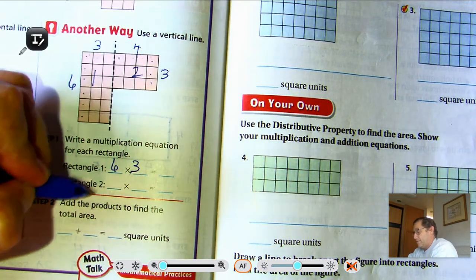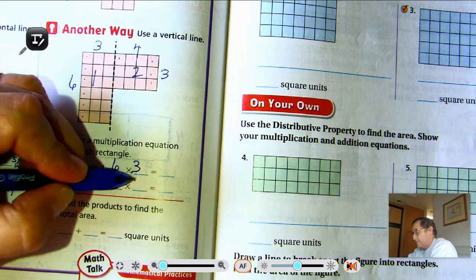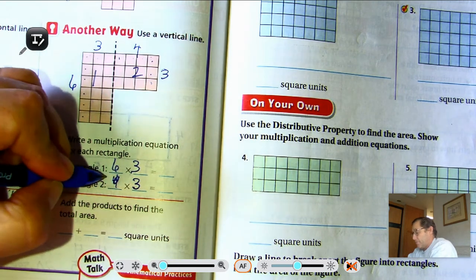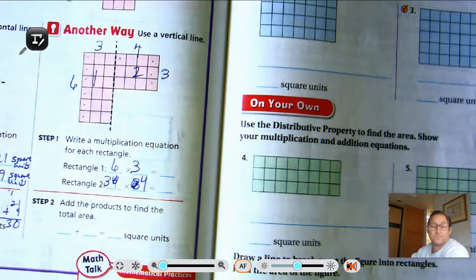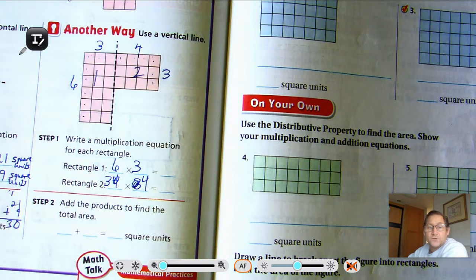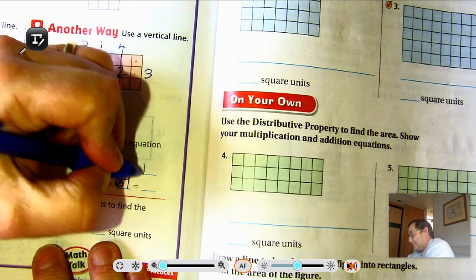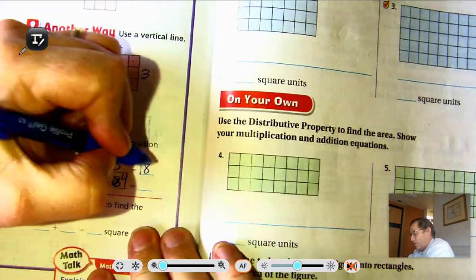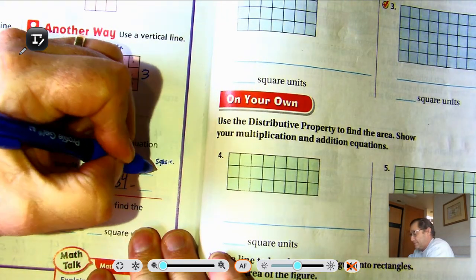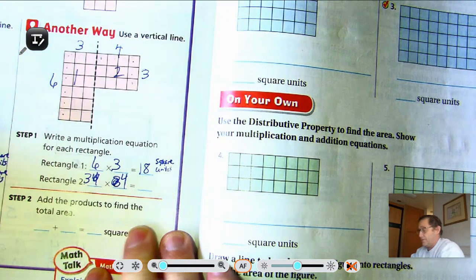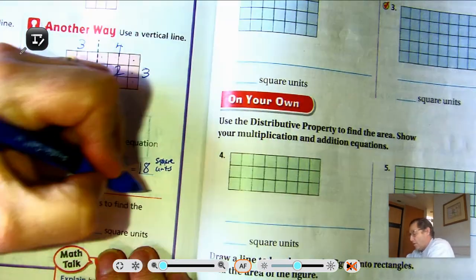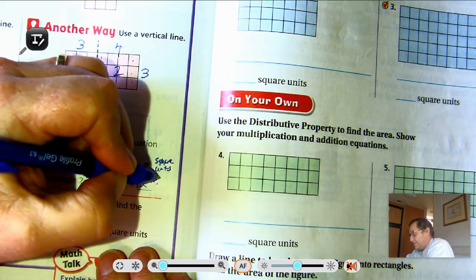So we have 3 times 4. So 6 times 3, we should be able to do that. I know that 6 times 2 is 12, and 6 more is 18. So 18 square units plus 3 times 4, that's 12 square units.